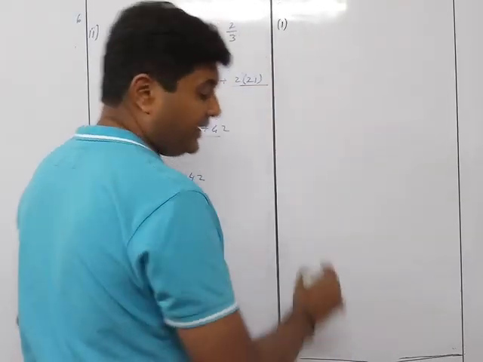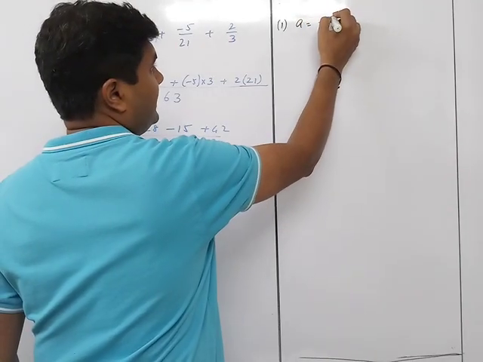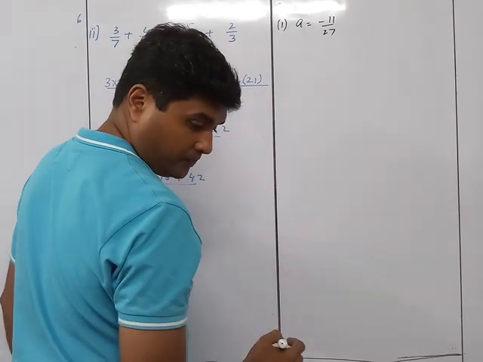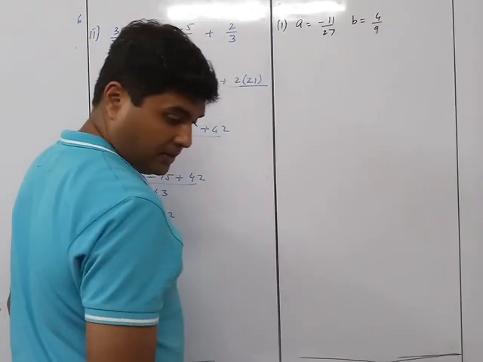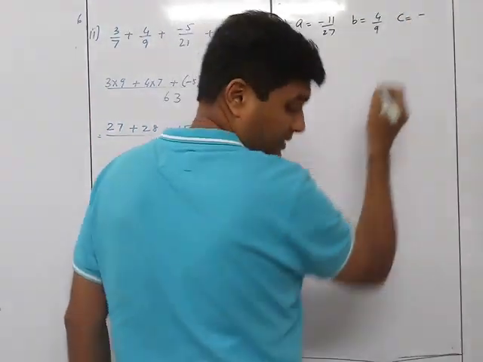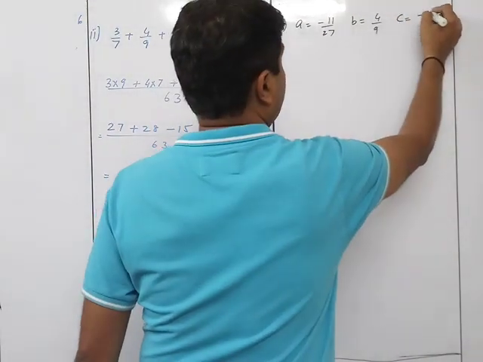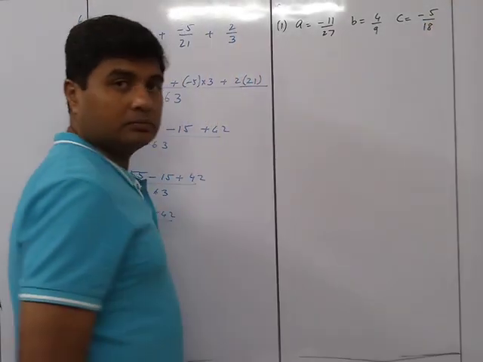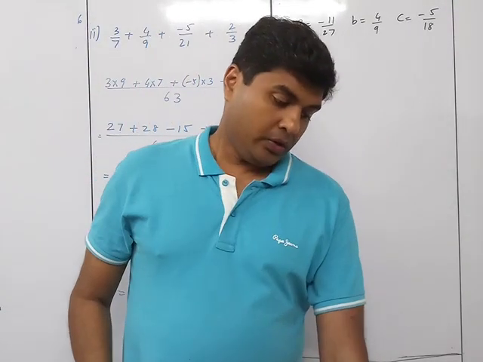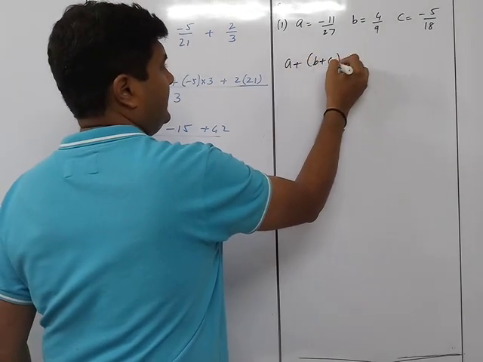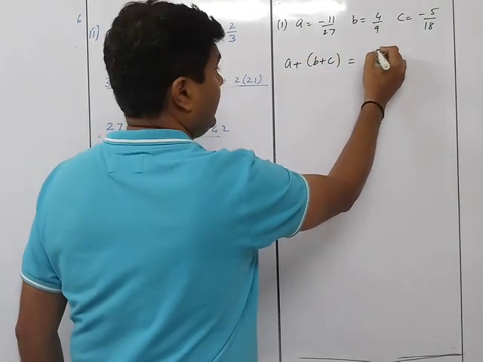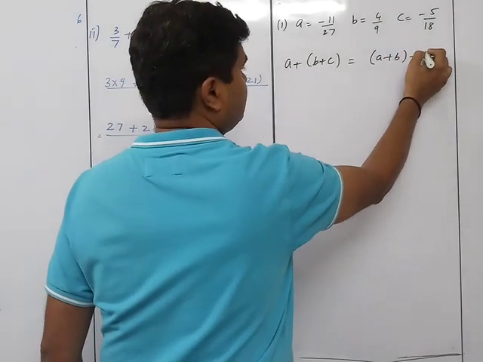It is given that A is equal to minus 11 upon 27, B is equal to 4 upon 9 and C is equal to minus 5 upon 18. You have to verify that (A plus B) plus C is equal to A plus (B plus C).